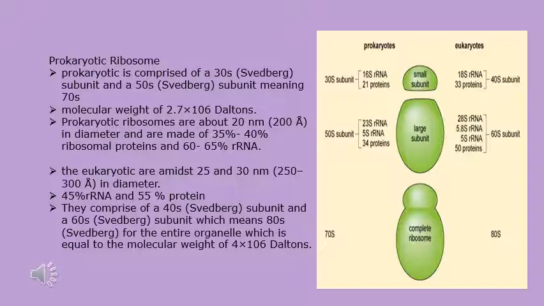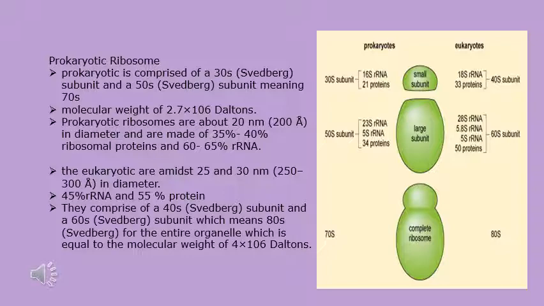Then if we are talking about eukaryotic cells, the ribosome is about 25 to 30 nanometer in diameter or 250 to 300 Angstroms, having 45% RNA and 55% protein. The subunits are 40S and 60S when they sediment separately, but in the combined form it is 80S. The molecular weight is 4 multiplied by 10^6 Dalton.